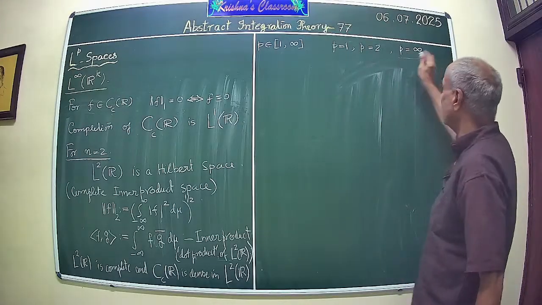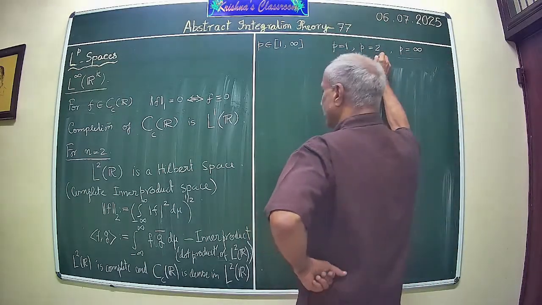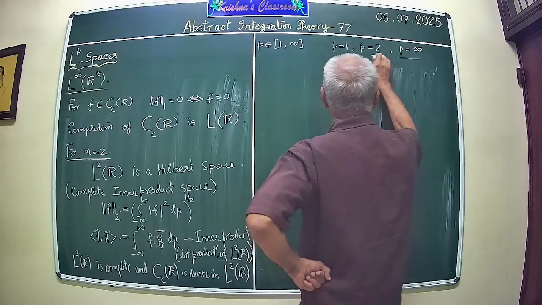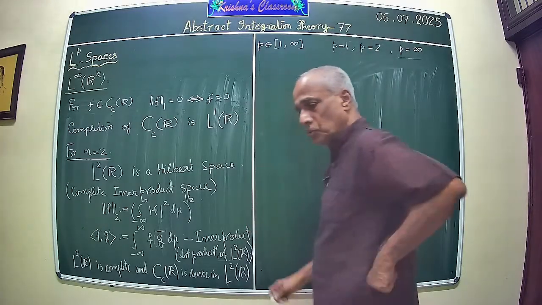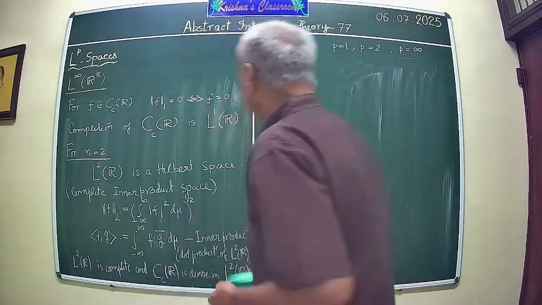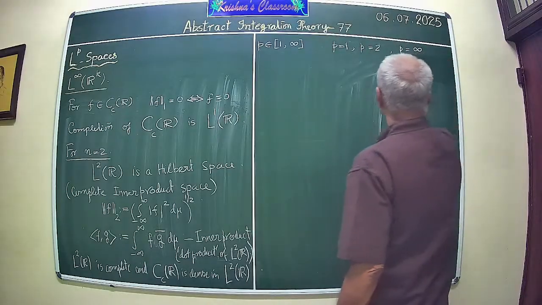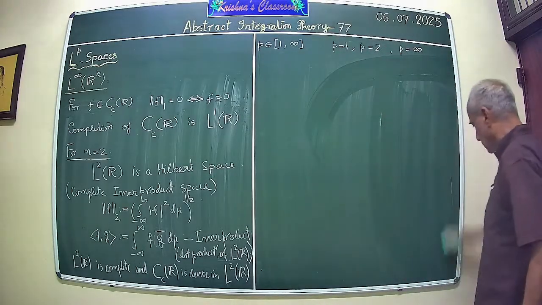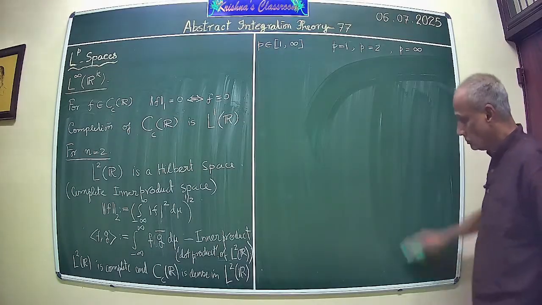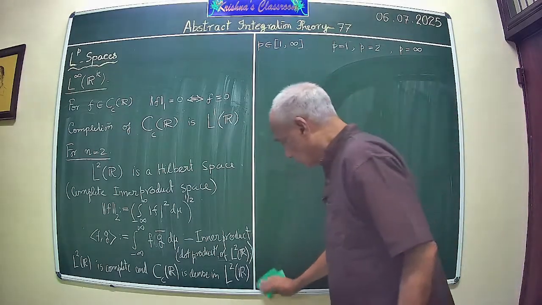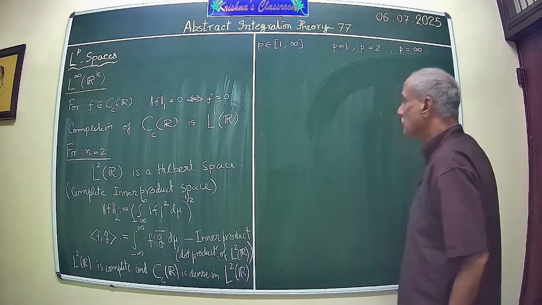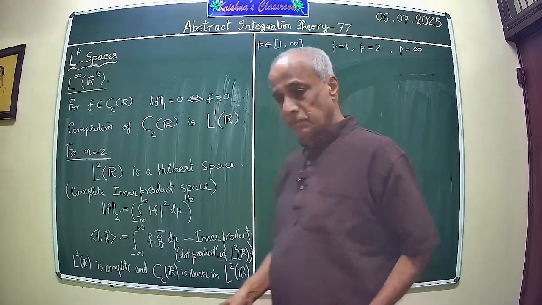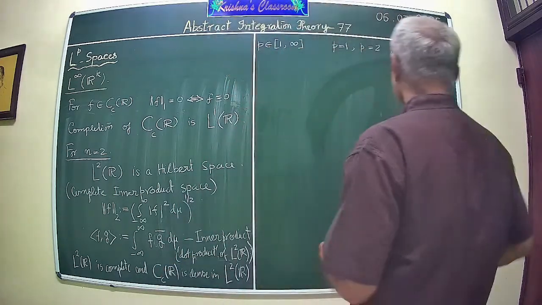We have not said that these two are Banach spaces, and the additional structure that this particular p equal to 2 has is that it's a Hilbert space. It's an inner product space.